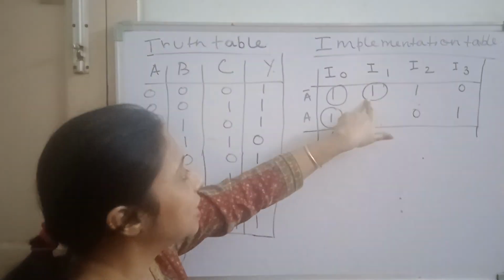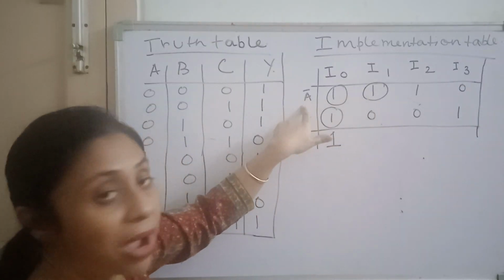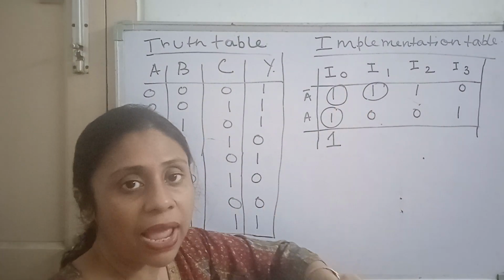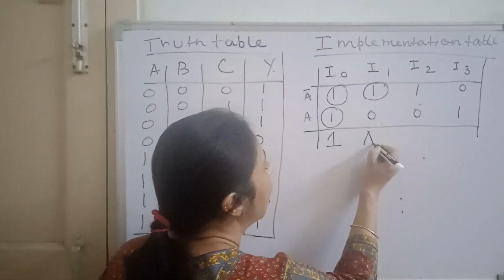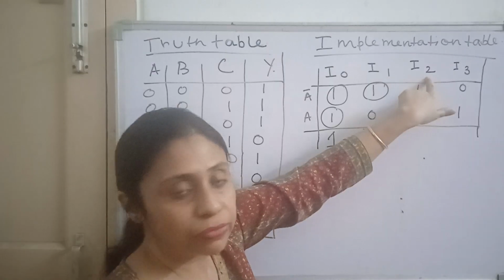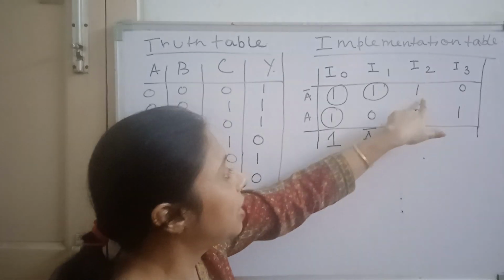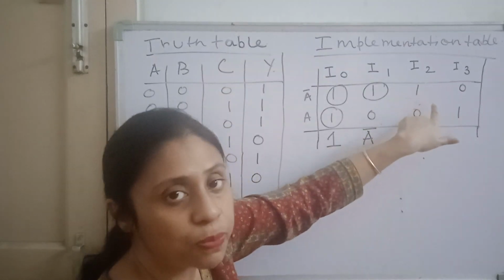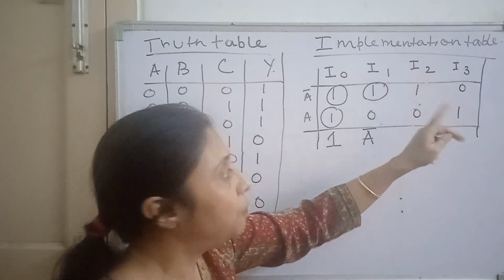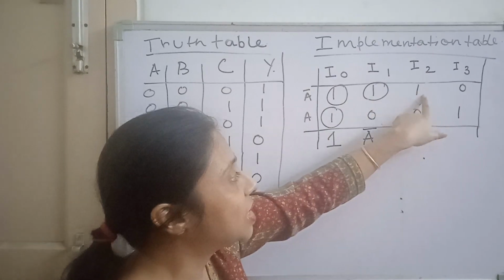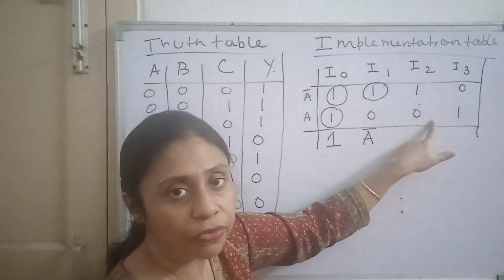The 1 corresponds to A bar, so the I1 input line will be connected to A bar. Now I2: this is 1 and this is 0, right? Which value corresponds to 1? A bar represents 1 and A represents 0 there.